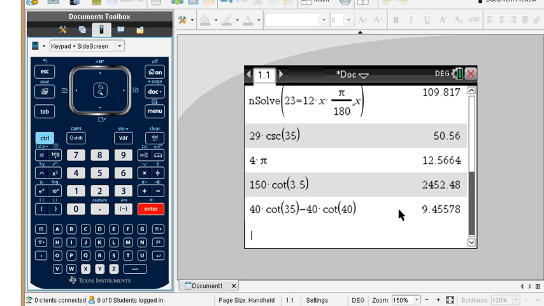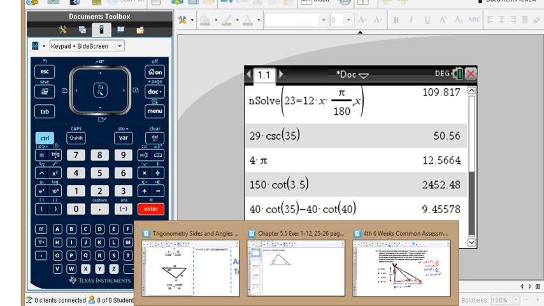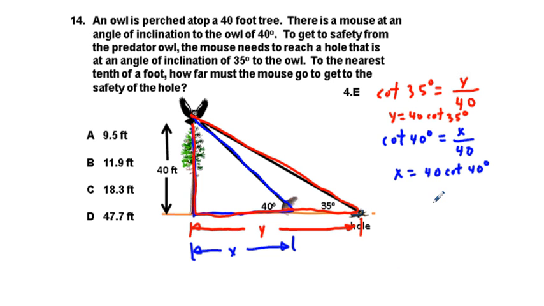And we get about 9.5 feet. So y minus x equals about 9.5 feet. And our answer choice for that is A.